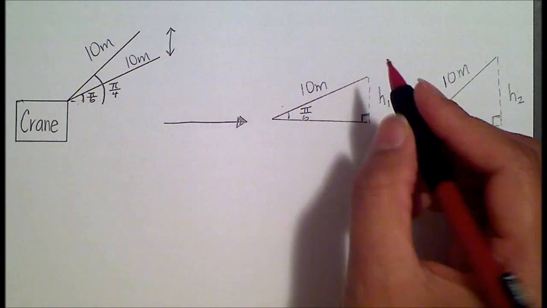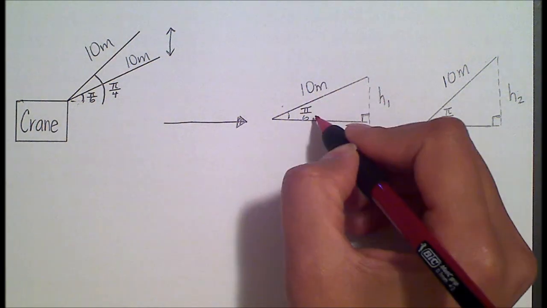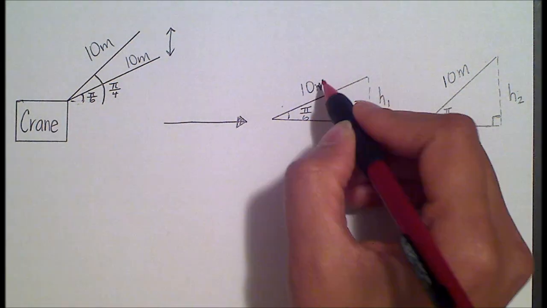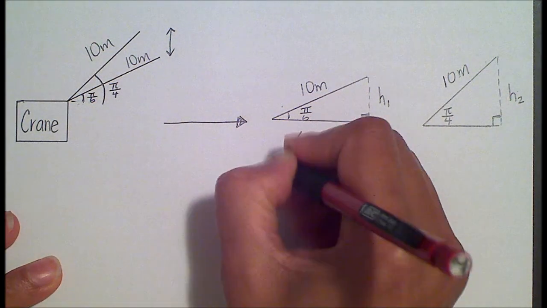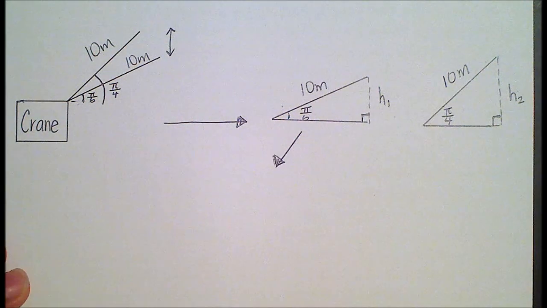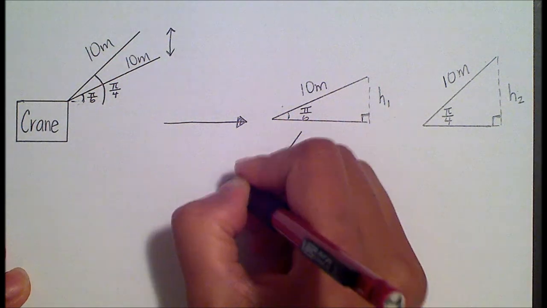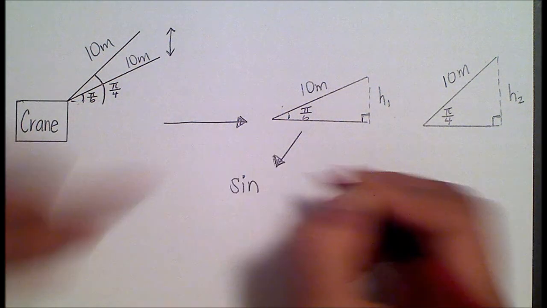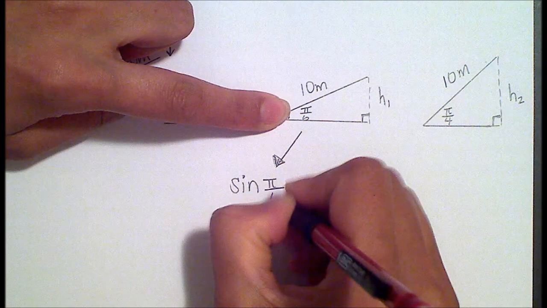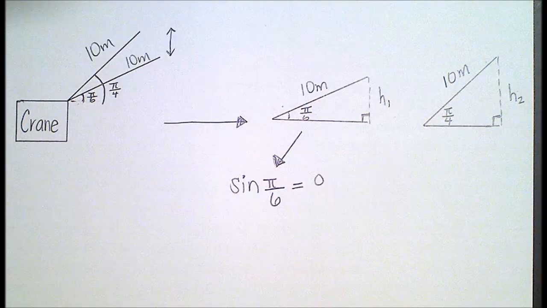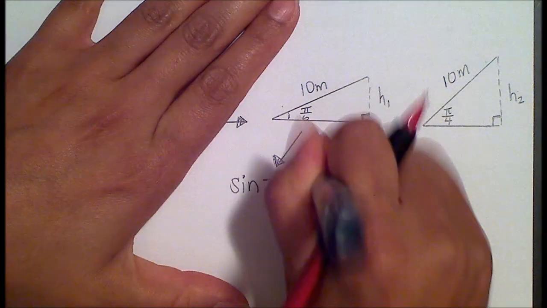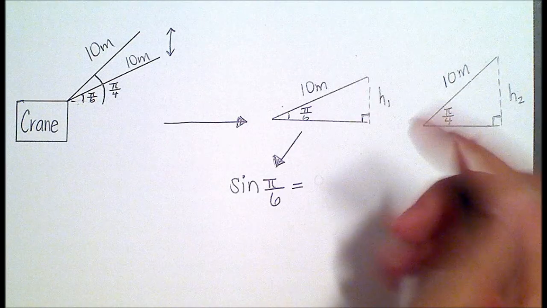So the ratio that combines an angle, its opposite, and hypotenuse sides is actually the sine ratio. So I'm going to use the sine ratio to help me figure out what the exact value of that height is. So sine of my angle is equal to the opposite side, which is H1, over my hypotenuse, which is 10.